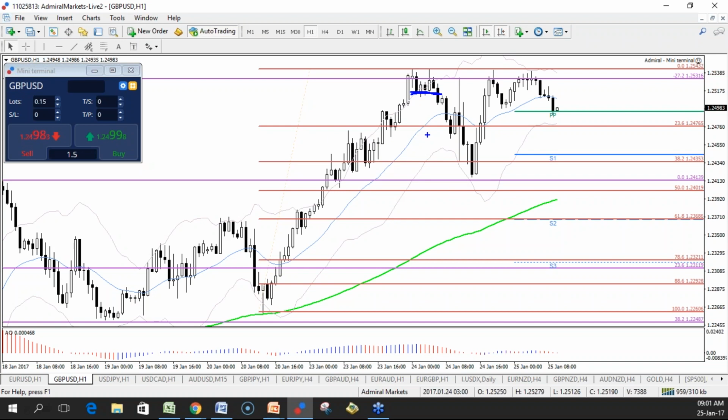That seriously altered the structure and the likelihood of price continuing. It became more likely that price was going to correct, and that this swing high, swing low was over and we would make a new correction or retracement.